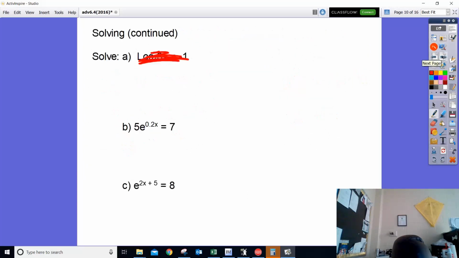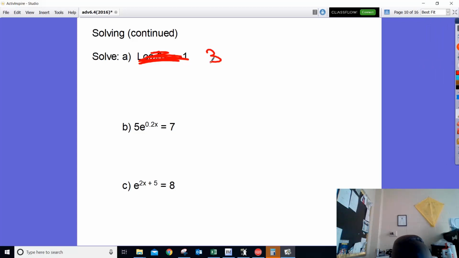I'm going to make something else up. Change example A to do that. That's 3 times 4. 4 has an exponent of 2x plus 1. It's supposed to equal 9.